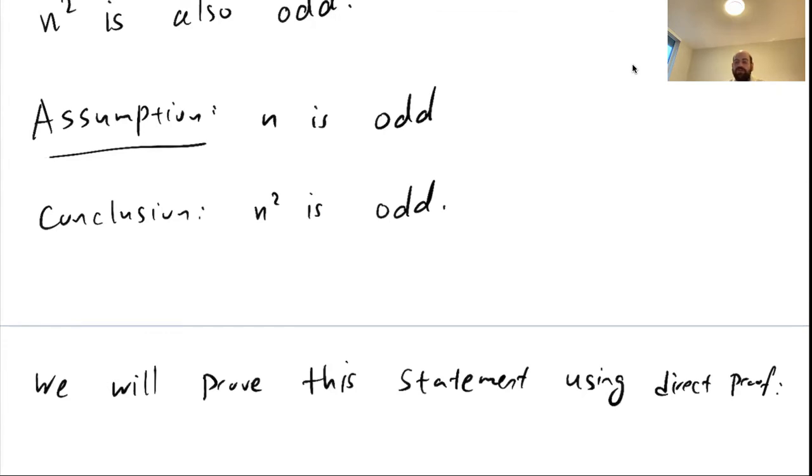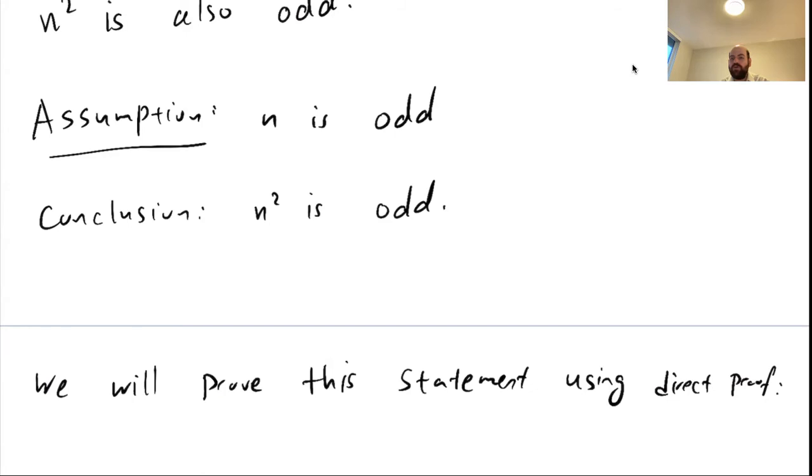This also happens in daily life. Let's say you want to go from college to your home. The starting point is college, the end point is your home. What would you do in the middle? It depends on your goal.